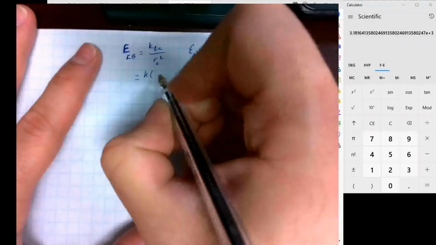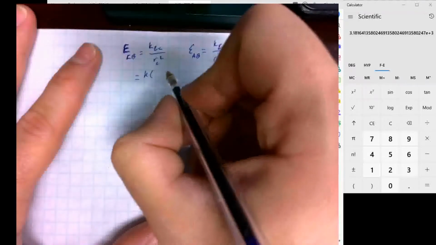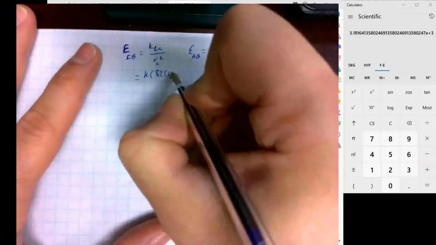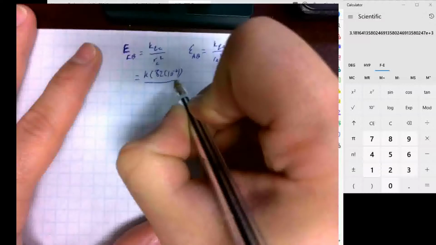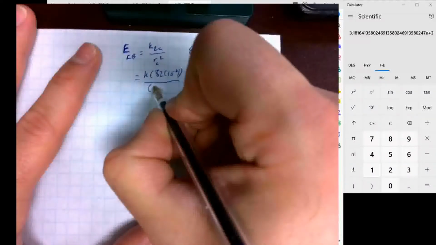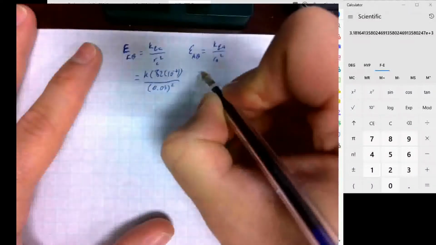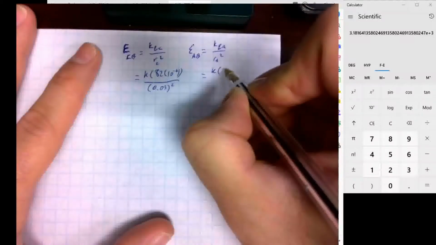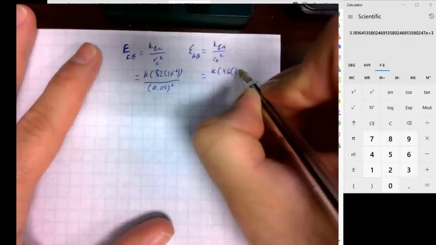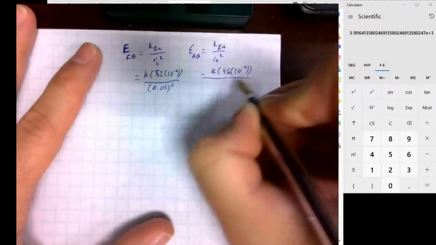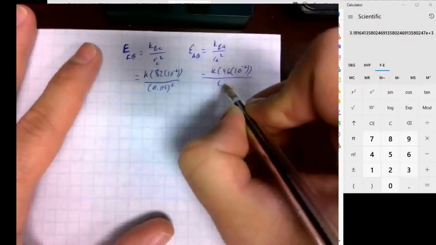This is K. QC is 82 microcoulombs, and the distance between is 3 centimeters. And over here we have K, we have 46 rather, not 64, times 10 to the negative 6 coulombs over the distance between, which is 4 centimeters.